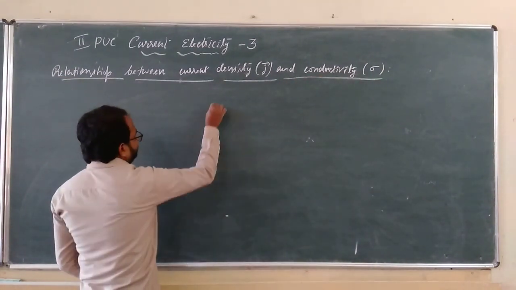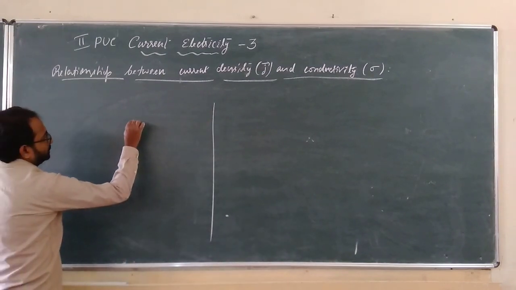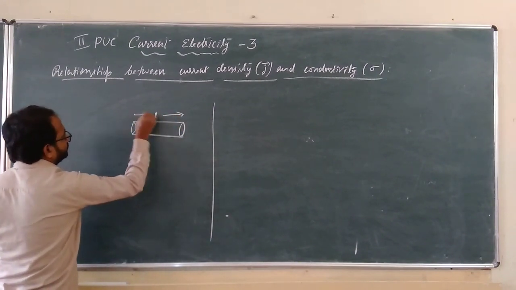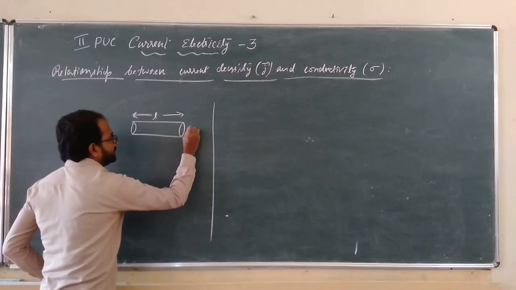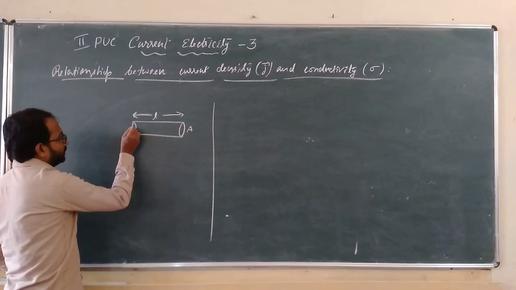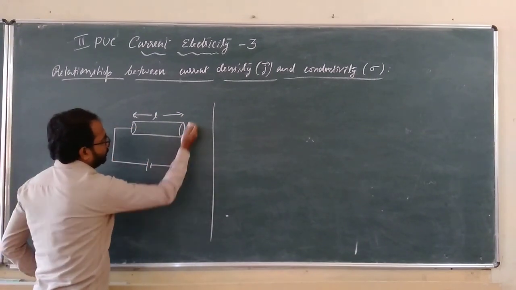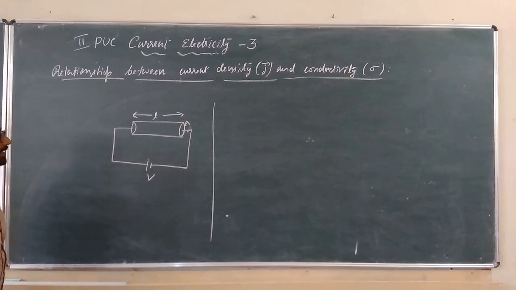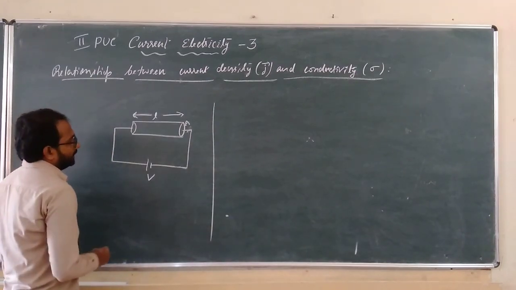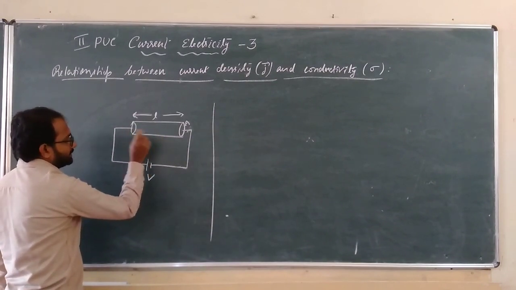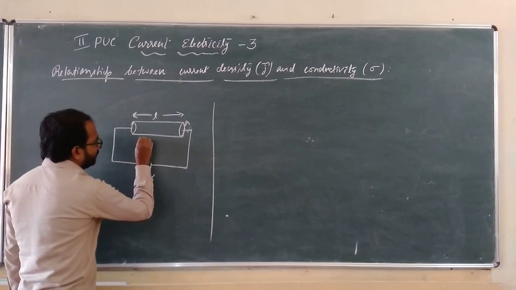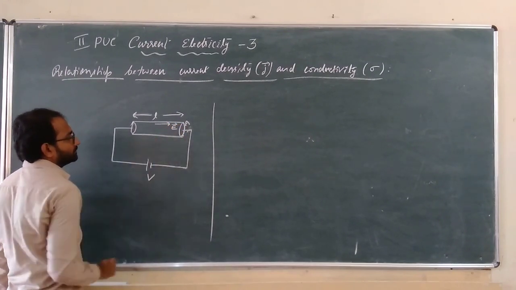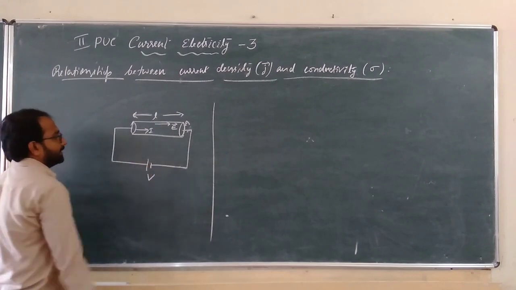So consider a conductor whose length is say L, and area of cross section is A. Now it is connected to a supply, a battery of potential difference V. So voltage across the ends of the conductor is V. The electric field generated inside the conductor is vector E, and the current flowing through the conductor is I.